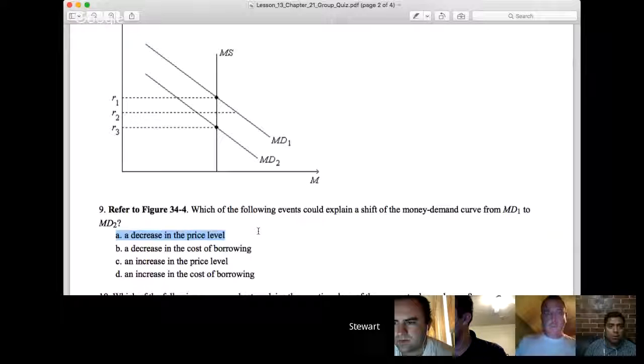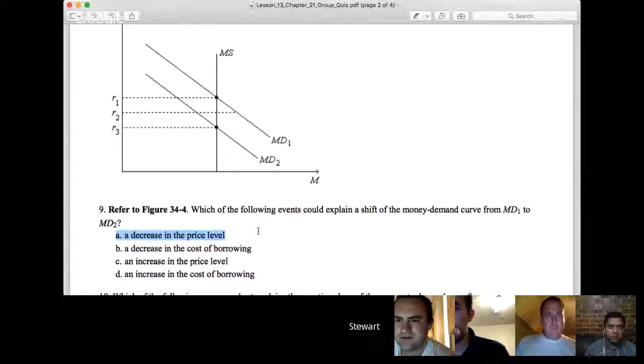Okay, so what we're looking at, and the reason I think I have it for nine, is that we're looking at the money demand going from 1 to 2. Whenever the price level goes down, people don't want to hold as much money, so money demanded goes down. If the price increased, people are going to demand more money in their pocket because prices are higher.